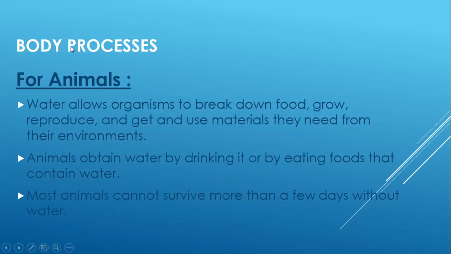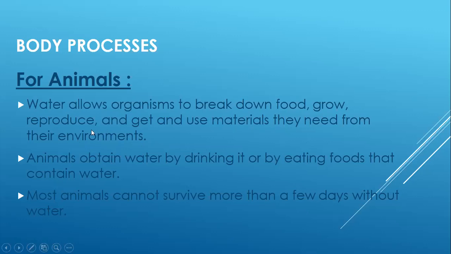Number one, body processes. For animals, water allows organisms to break down food, grow, reproduce, and get and use materials. These materials they can get from the food, or even absorb from the soil sometimes for the plants. But here, it's getting the materials when they get the food they need from the environment.